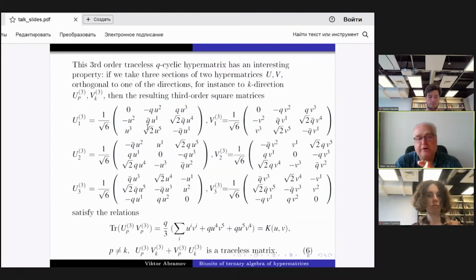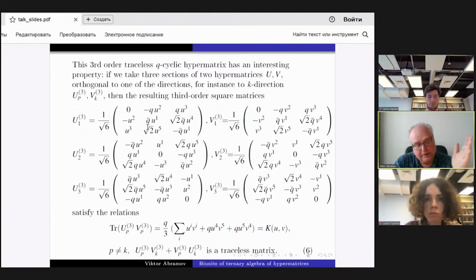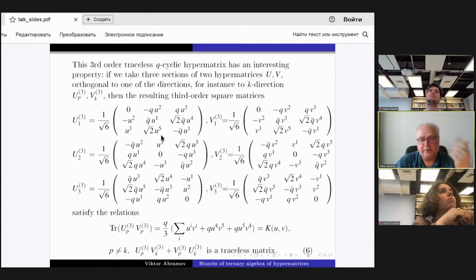So if I cut them, as I explained before, by planes perpendicular to one of the directions, then I have three square matrices of third order. For example, I take the k direction, which means that I fix the third subscript and put its value p. Then the corresponding, I have three matrices here. They are written here. So, and they satisfy very nice relations.